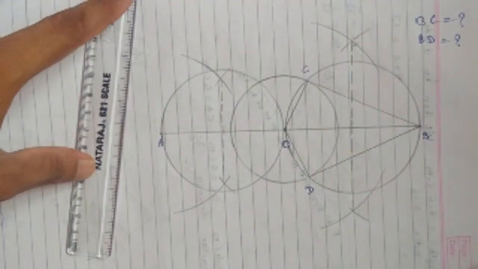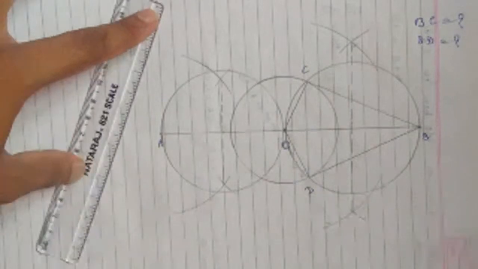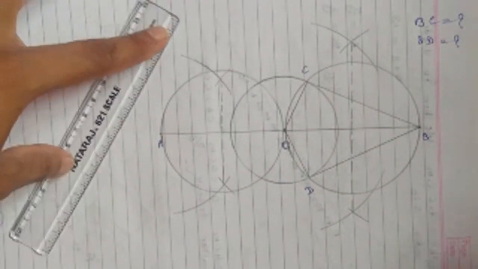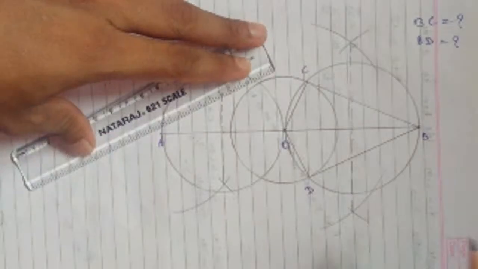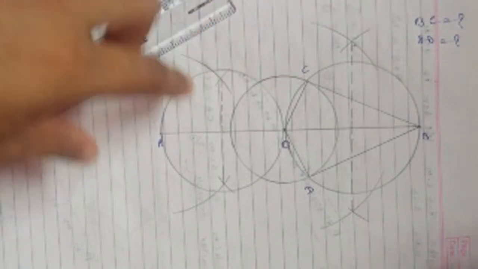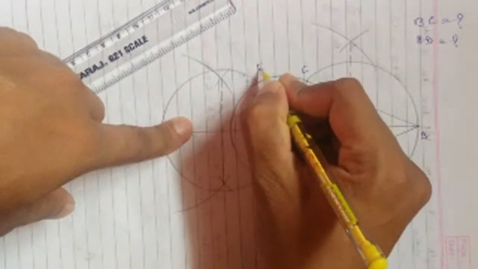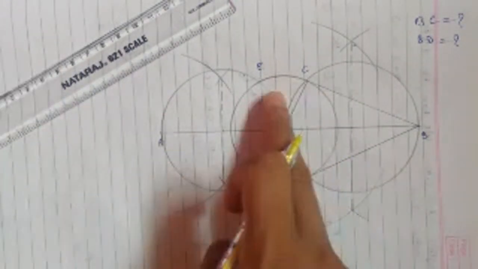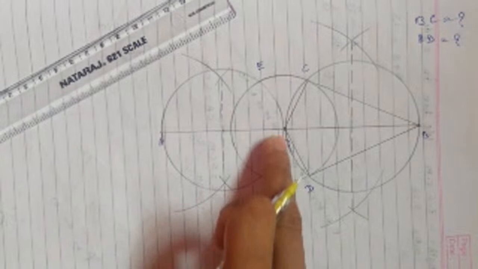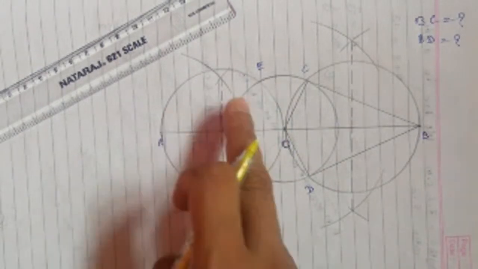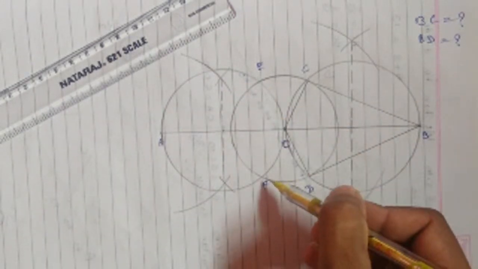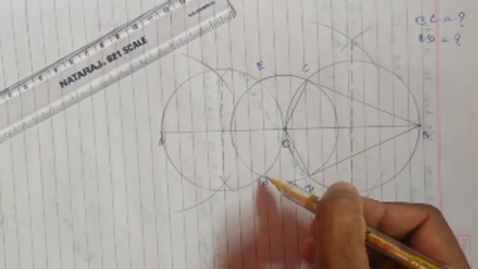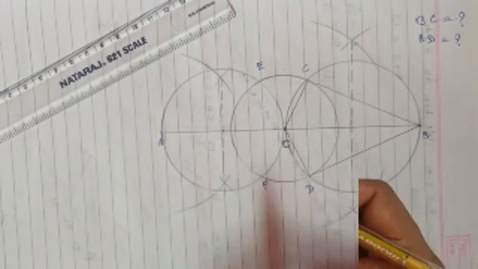Okay, now here we have drawn the circle, and now I'll name the points. I'll call these E and F because this is the initial circle and this is the constructed circle. Point E and F are the intersected points of the initial and the constructed circle.